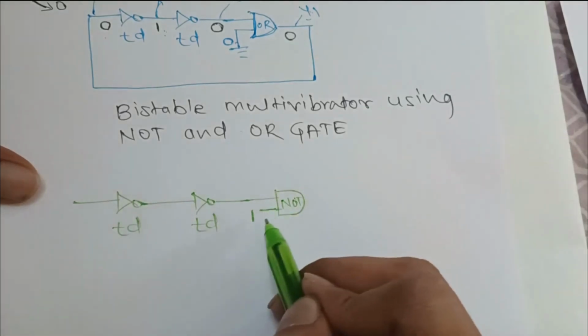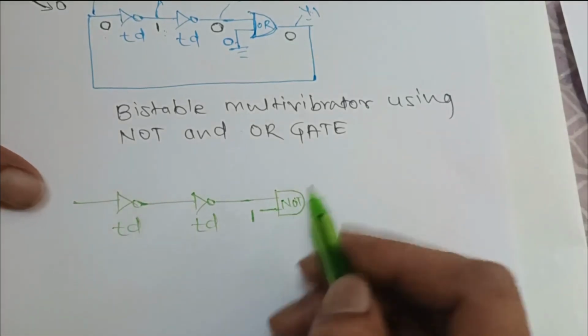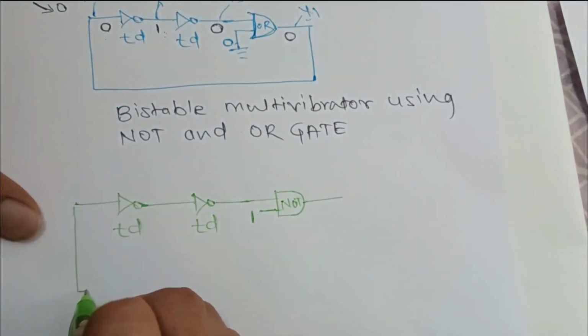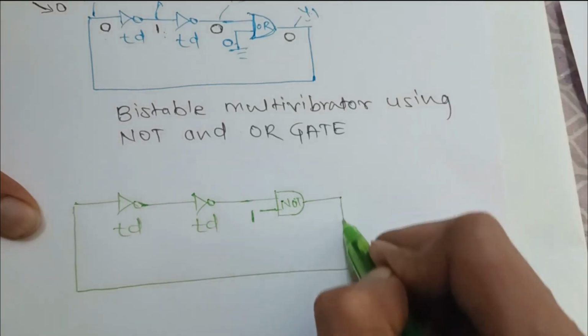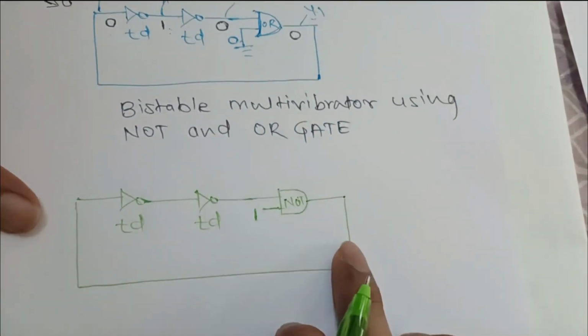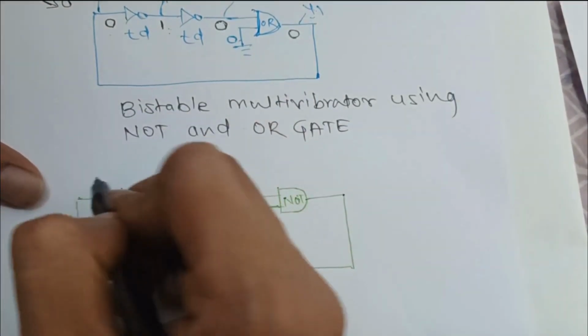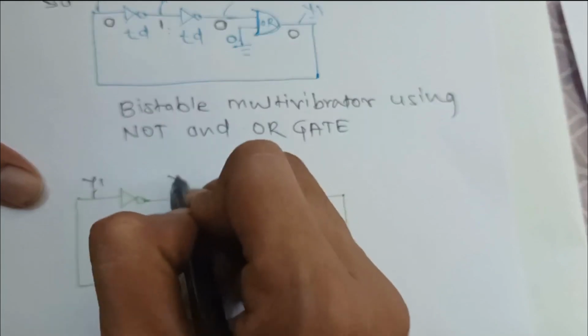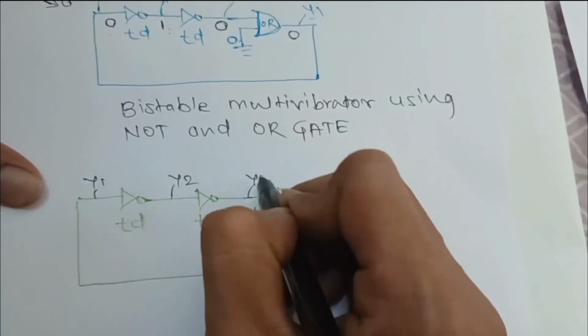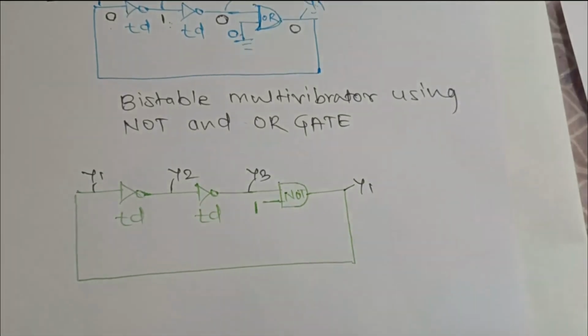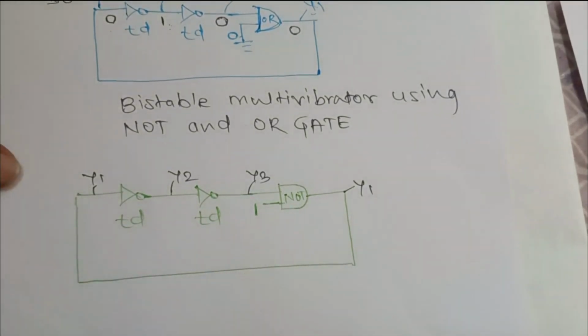The output of this is given to our first NOT gate. Consider this one as y1, this is y2, this is y3, this is the same as y1. We'll see how this circuit is going to act as a bistable multivibrator.